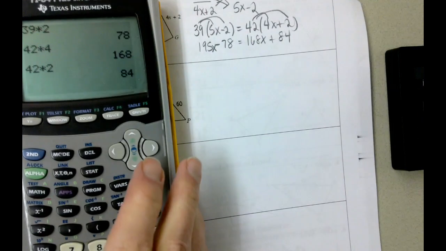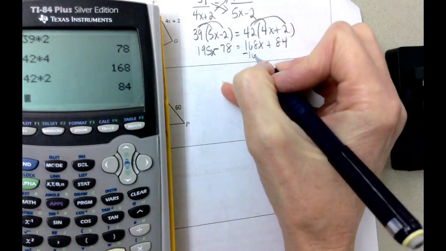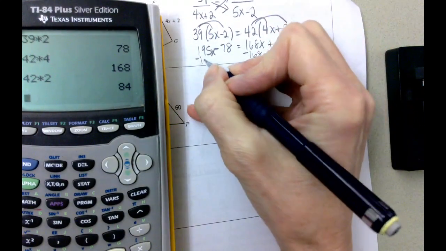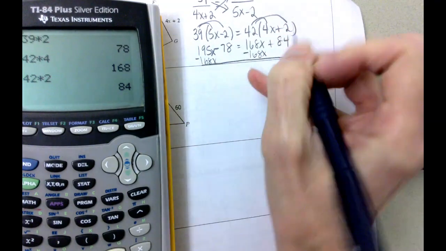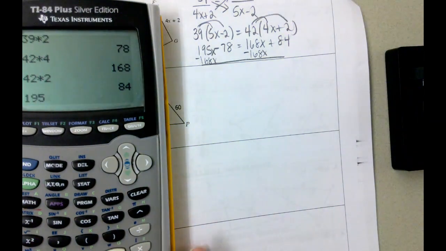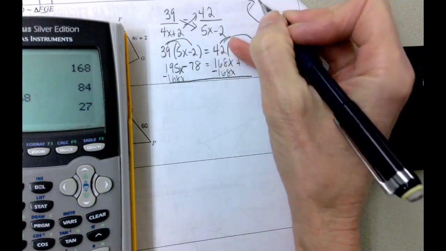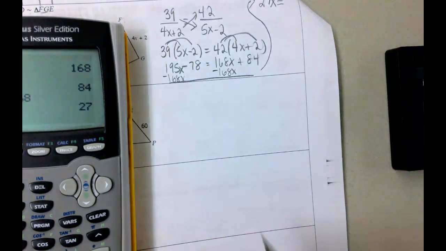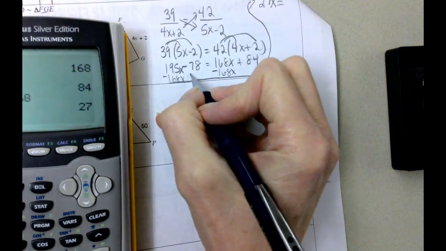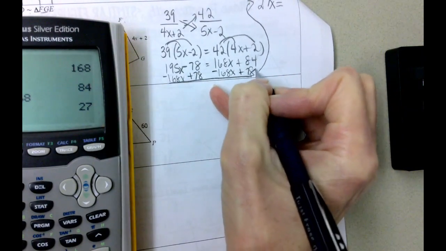And now what we want to do is combine. So solve it the way your Algebra 1 teacher taught you, but I'm going to subtract 168x. I like to move my letter to the left. So 195 minus 168 is 27. So 27x equals, because I'm running out of space, I'm going to add the 78 to both sides.